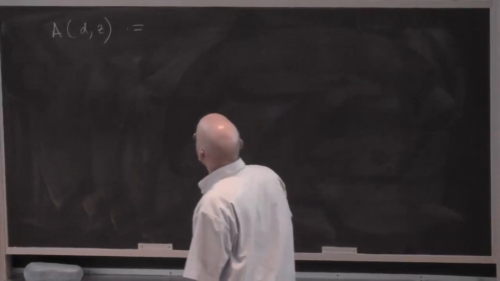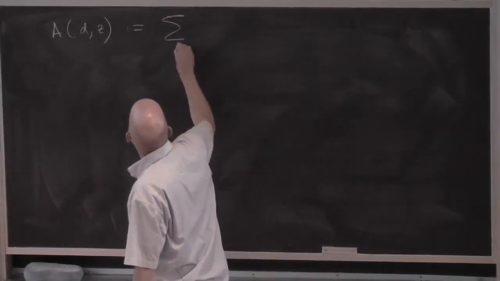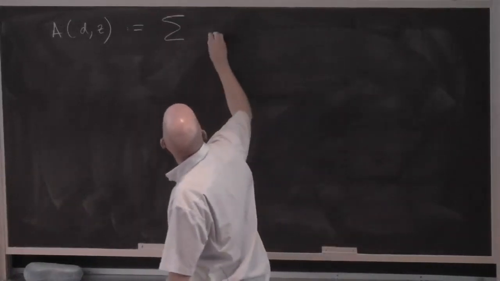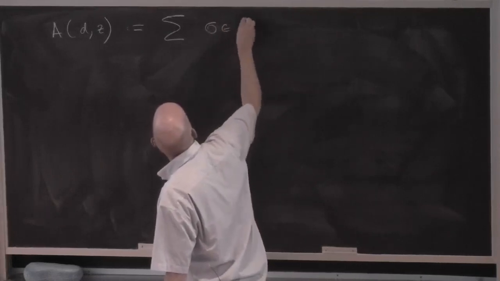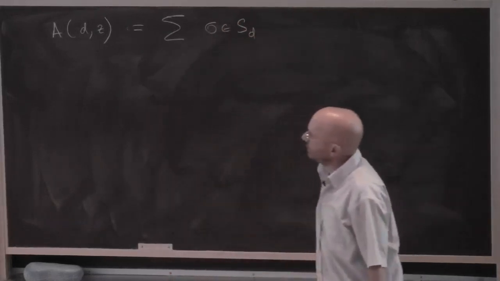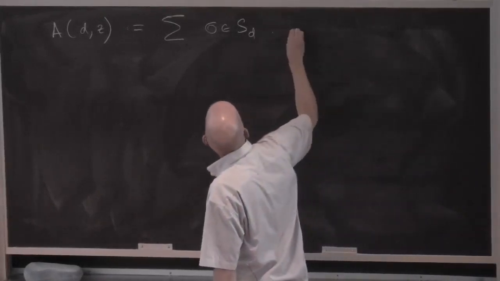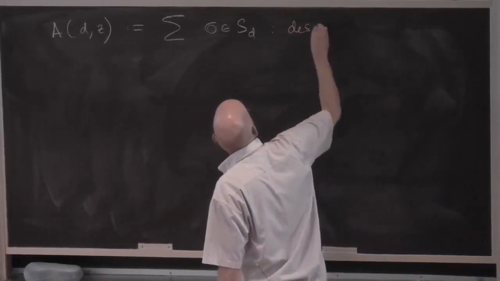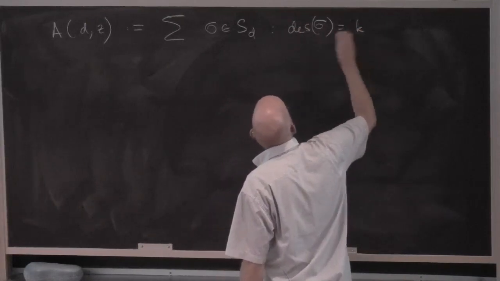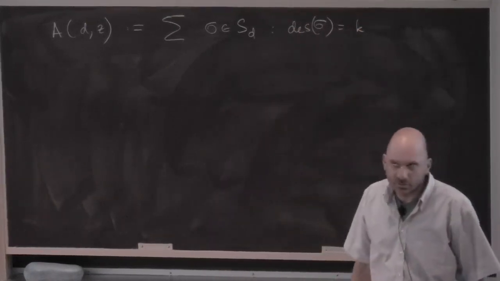An Eulerian polynomial is the following. I'm looking at permutations on d elements. S_d is just the symmetric group, and I'm asking which of these have k descents?